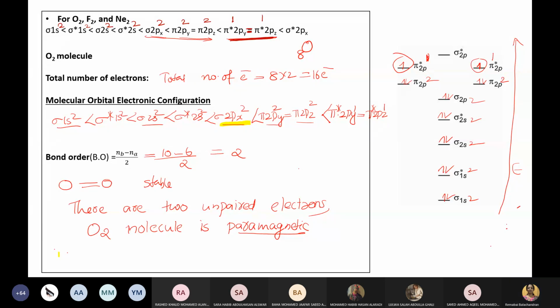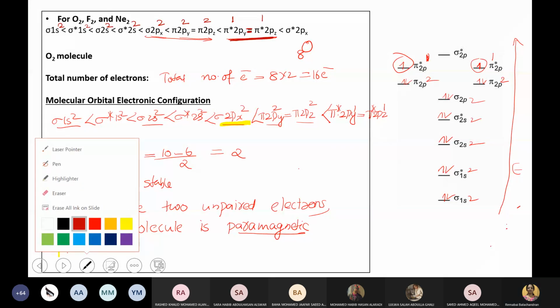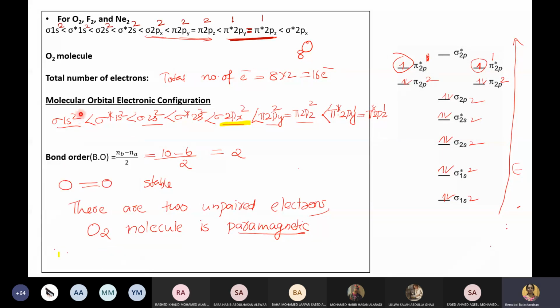So the molecular orbital electronic configuration is sigma 1s2, sigma star 1s2, sigma 2s2, sigma star 2s2, and so on. I finished it. Bond order is Nb minus Na over 2. Nb, how many electrons are there? 2, 4, 6, 8, 10.